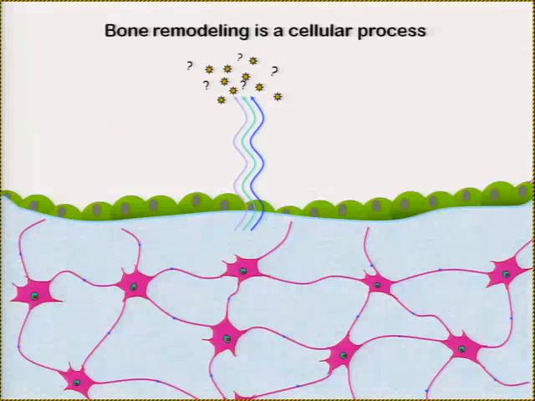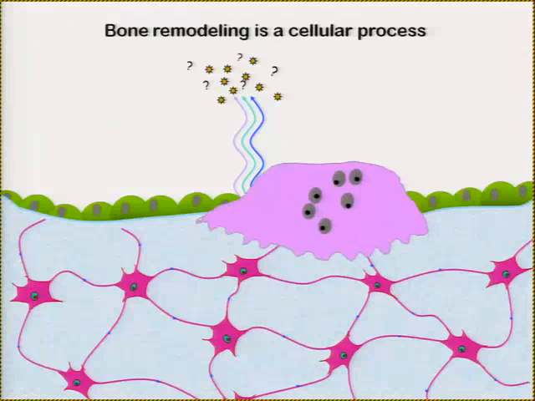So bone remodeling as well as skeletal modeling is a cellular process. So we've got some nice bone here, osteocytes sitting there giving signals that the bone's healthy or not. And then something happened, some signal. Maybe PTH was around.